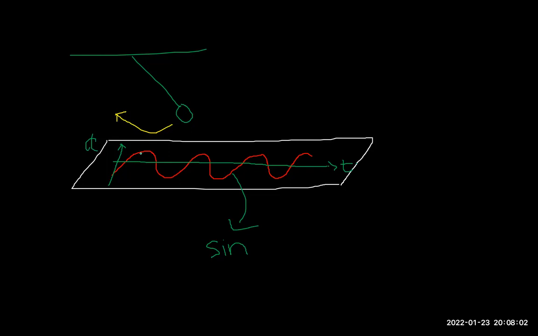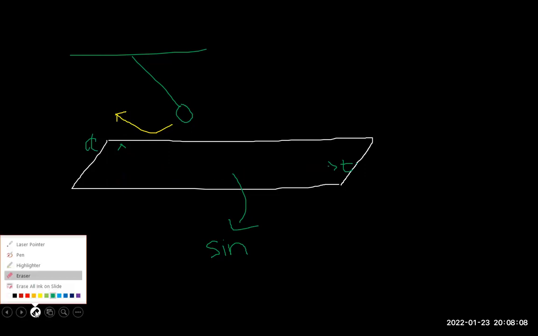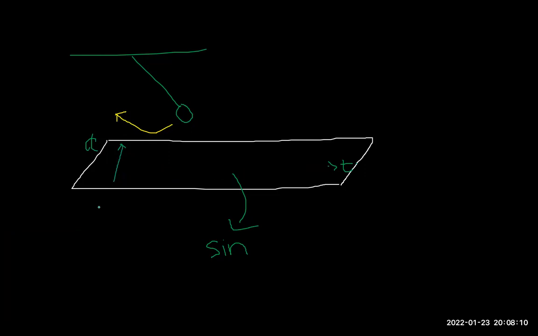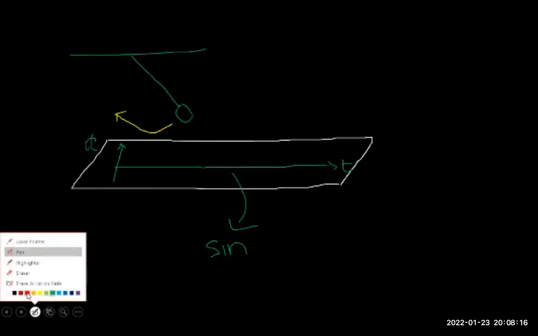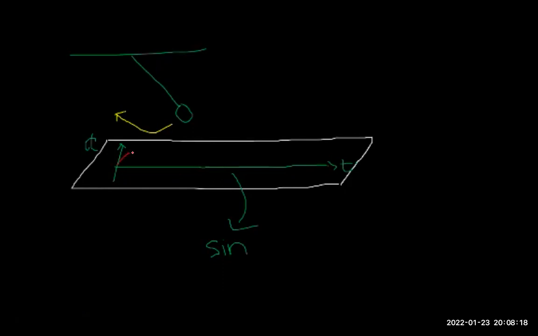So they found this pattern. Like I said, you don't need to know this, but especially for the people who are interested in physics, you will learn about this eventually. So it created this pattern, and they call this the sine.